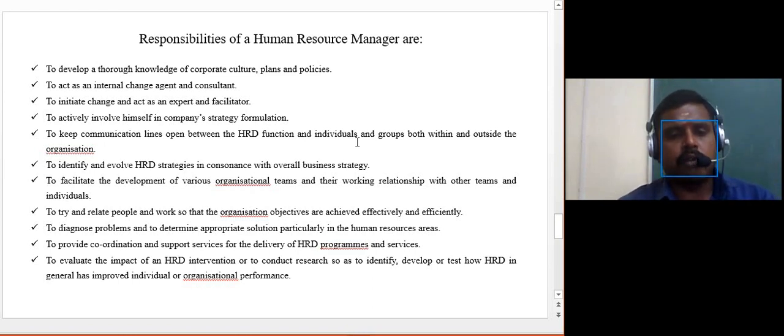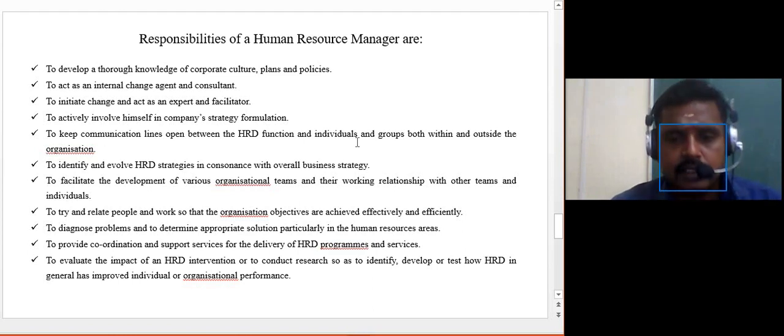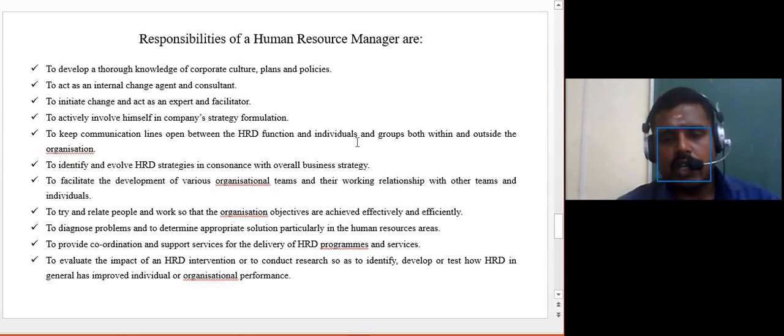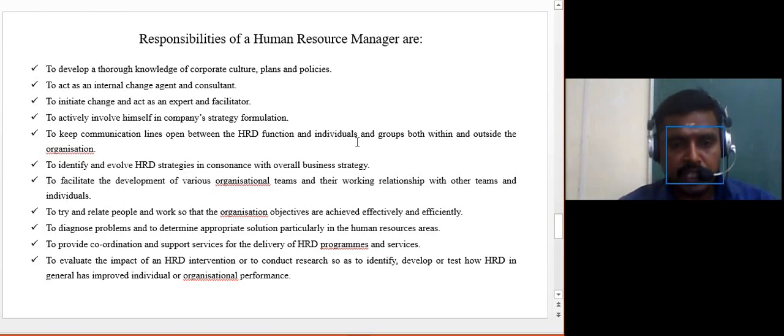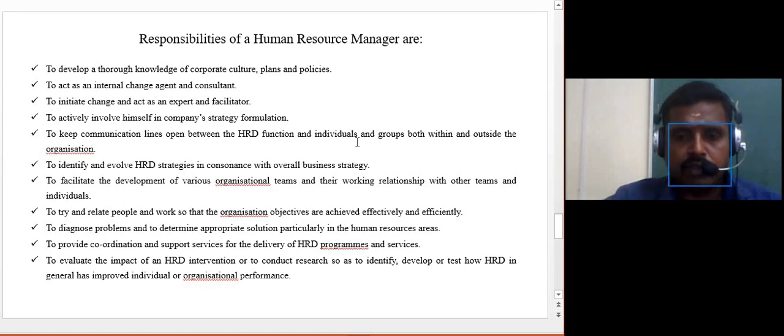The HR manager is to provide coordination and support services for the delivery of human resource development programs and services. And the next responsibility of the HR manager is to evaluate the impact of HRD, that is human resource development, intervention, or to conduct research so as to identify, develop or test how human resource development in general has improved individual and creates a major impact on organizational performance.